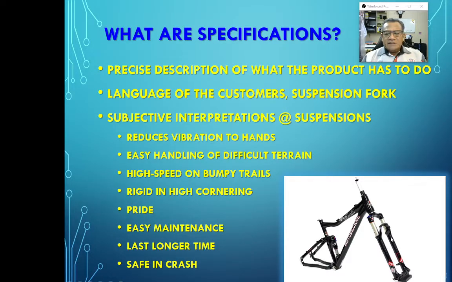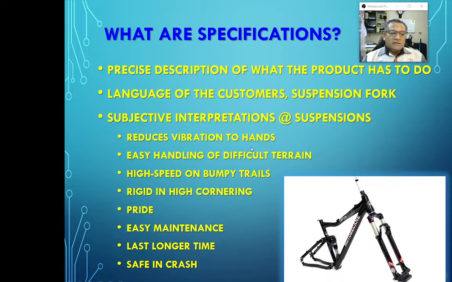For example, this suspension fork. For a mountain bike, one of the most rigid components that endures burden or shock is the suspension. The book chapter also discusses very specifically coming up with the specification for the suspension. So if a customer wants a very good mountain bike, what does it mean?